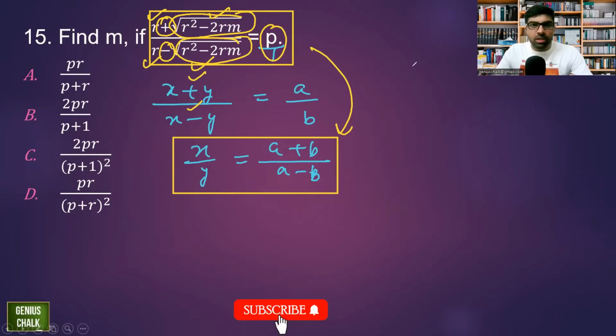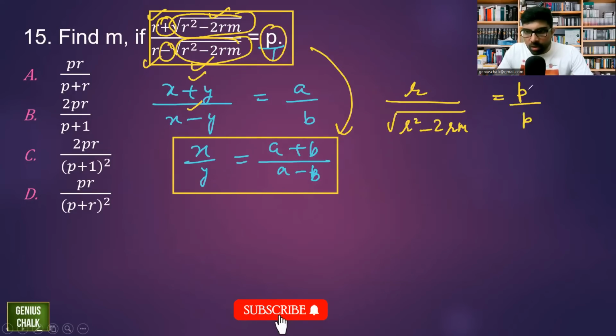So now I'm writing it directly in this form. What I will get is r by square root of r square minus 2rn equals p plus 1 and p minus 1. Now I need to find the value of m. That means I need to eliminate this square root.